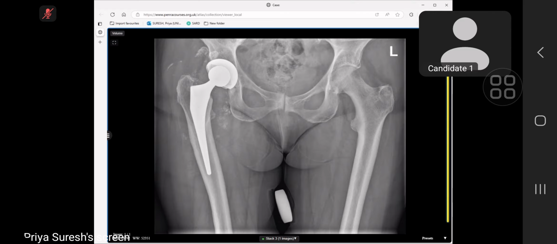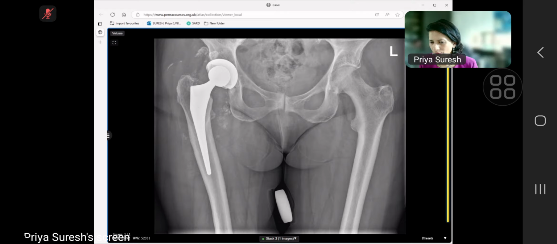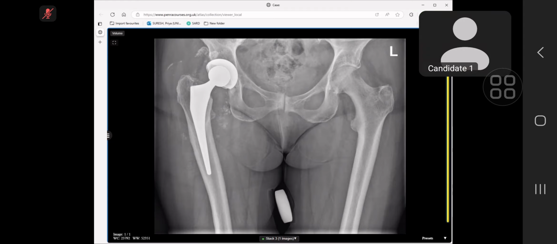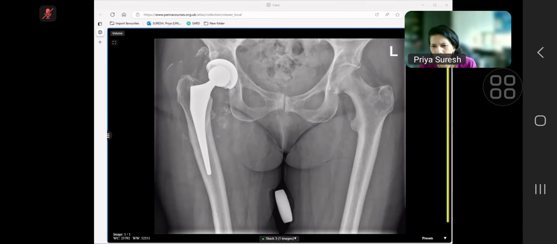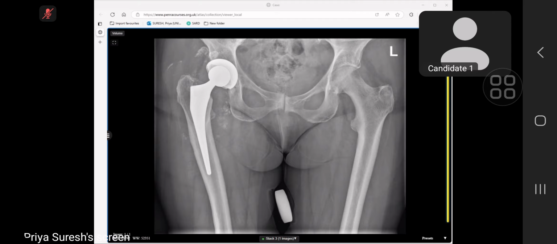There are calcifications seen in the periarticular regions at the site of the prosthesis, and there seems to be an associated soft tissue component, which can be effusion or soft tissue thickening. I would like to see the MR pelvis of this patient, with post-contrast images, to further comment.